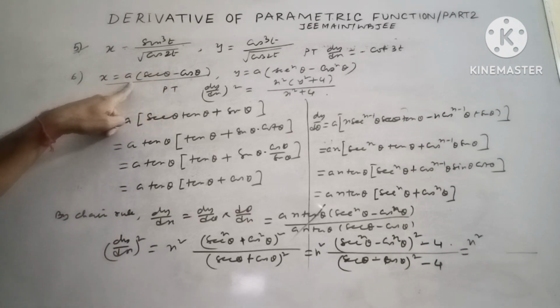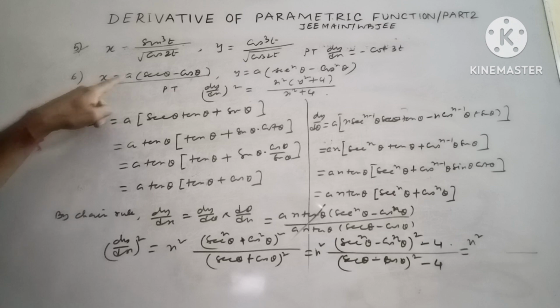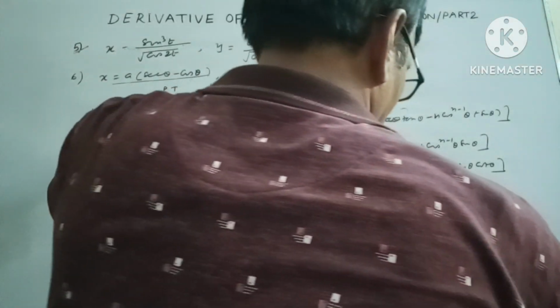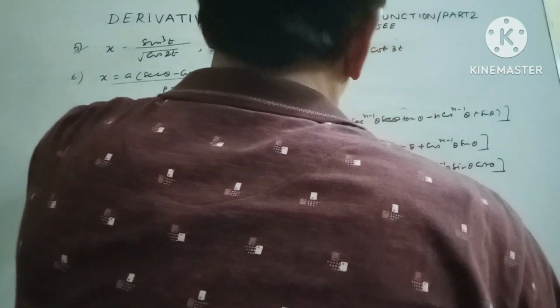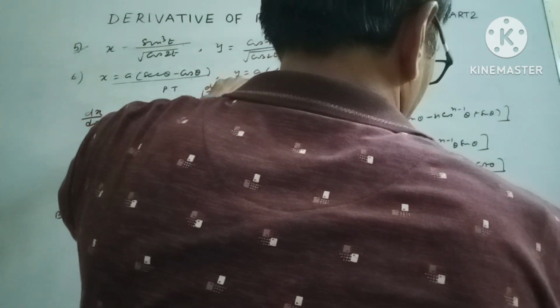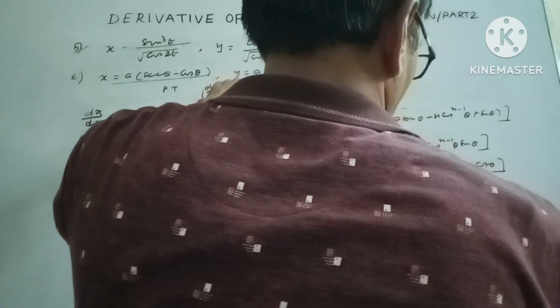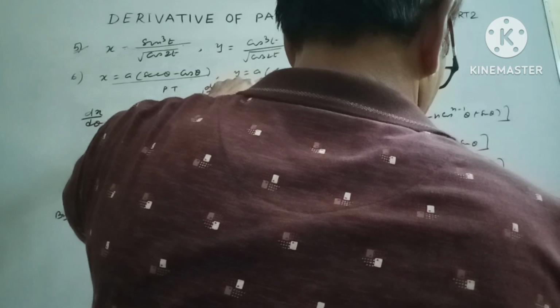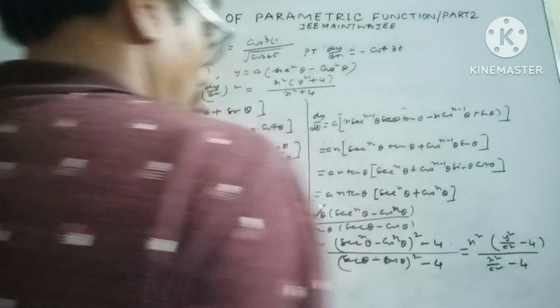So this is x square by x square. So this is y square. So y square by a square minus 4. This is x square by a square minus 4.